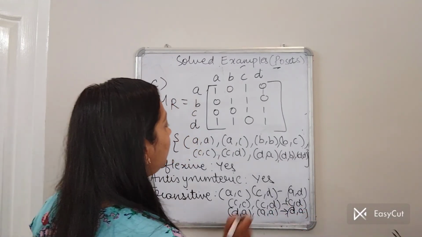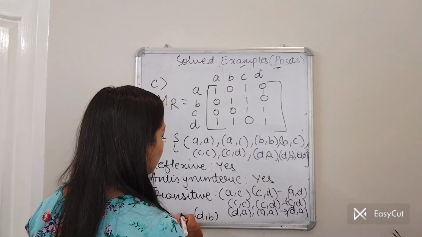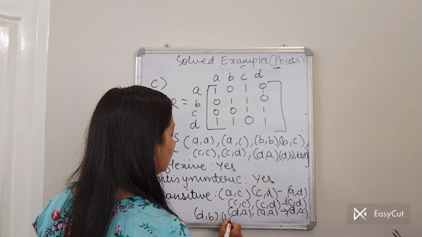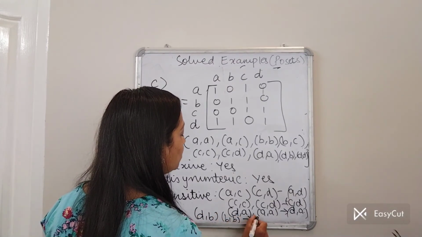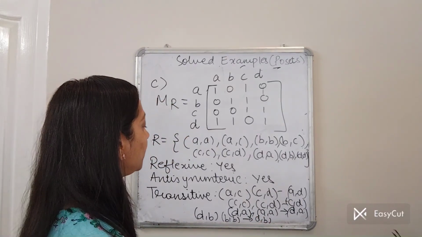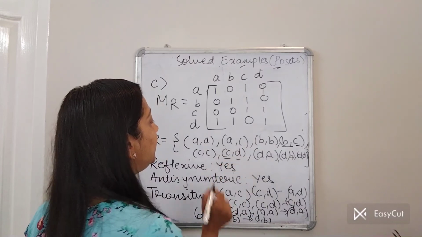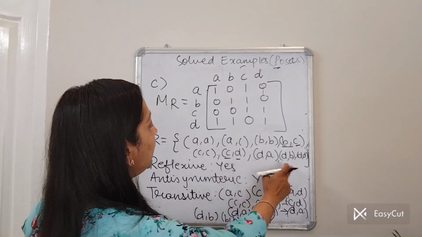Then if DB and BB exist, then DB must also exist, which is also existing by default. Then if BC and CD exist, then BD must exist. So is BD anywhere here?